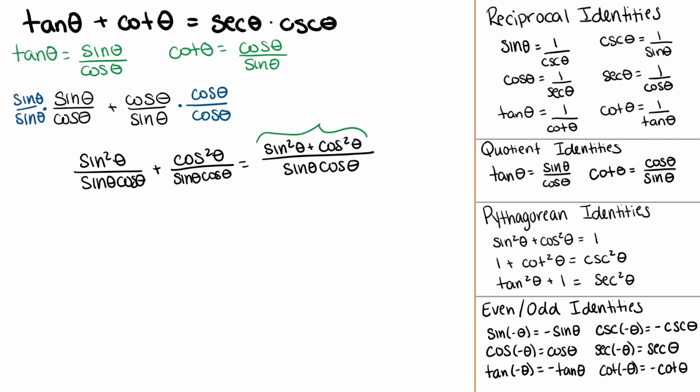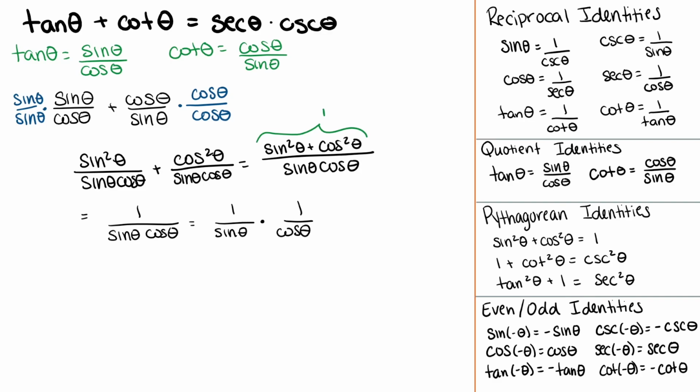Now this, as we know from our Pythagorean identities, is equal to 1. So we'll write this as 1 over sine theta cos theta. Our goal is to make this look like secant theta times cosecant theta. So we'll want to break this fraction up and write this as 1 over sine theta times 1 over cosine theta.